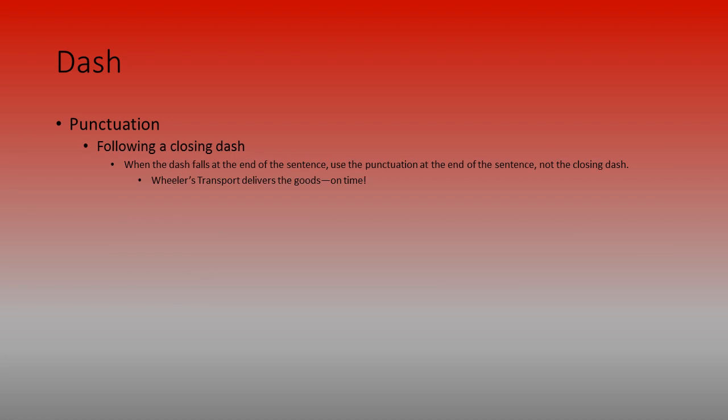Following the closing dash, when the dash is at the end of the sentence, use the punctuation at the end of the sentence, not the closing dash. So in that case, you would just have the opening dash and then the closing punctuation for the sentence.